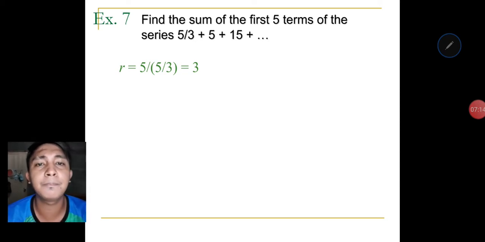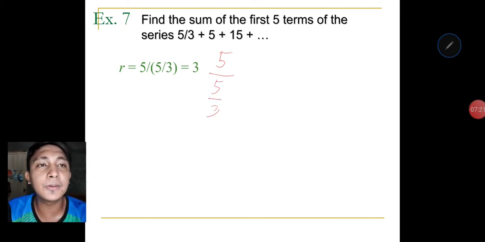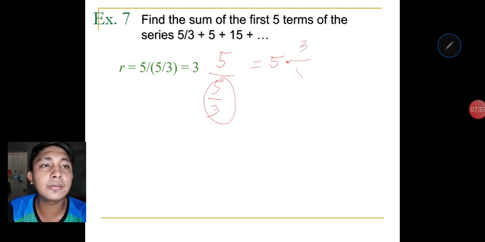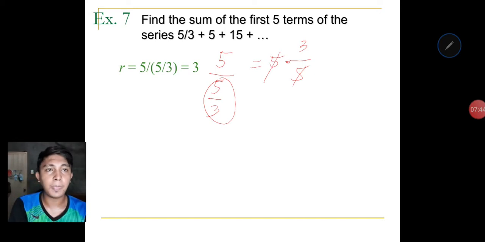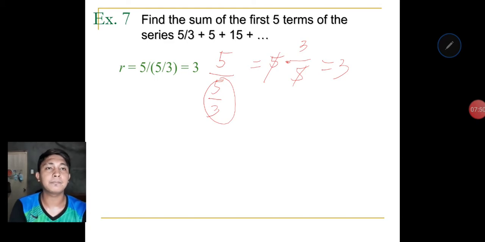So simply, 5 divided by 5/3, we multiply ito sa reciprocal ng ating denominator, which is 5/3. That will become 3/5. So 5 times 3/5, the 5 divided by 5 is 1. So we have 3. Okay?